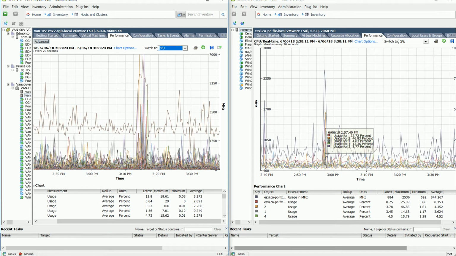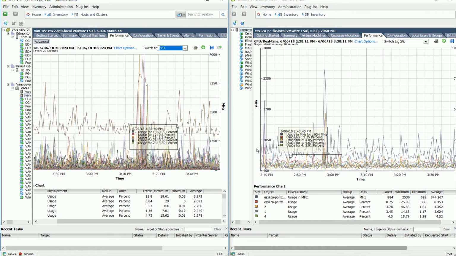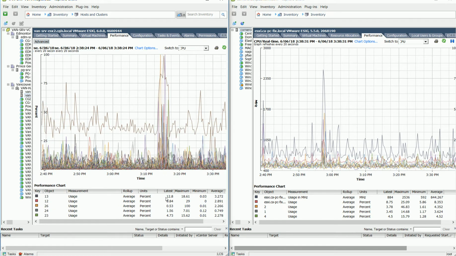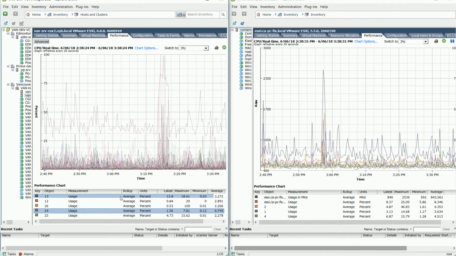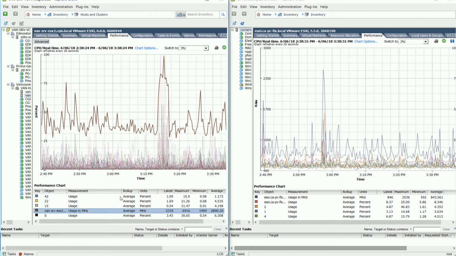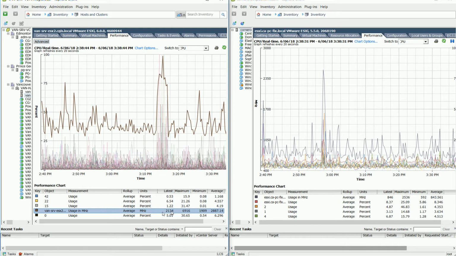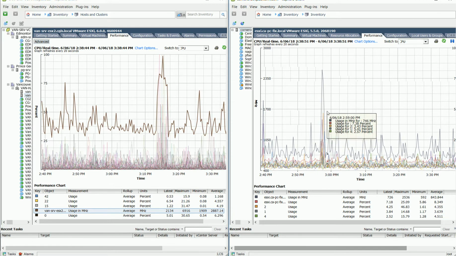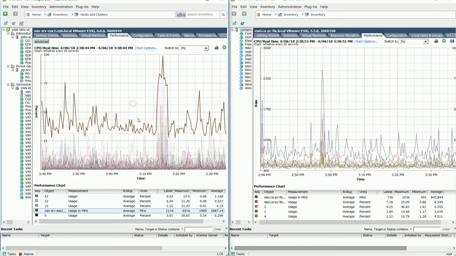This one has less, and this one has some very busy lines. If we scroll down, we can see each individual one. Because this one is a production server and this one is just a lab testing server, this one is obviously busier than this entry-level lab server.